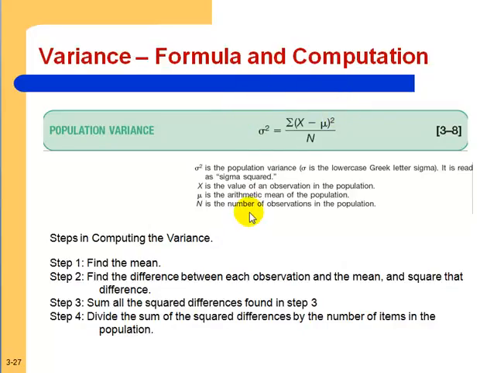Third, sum all the squared differences found in step 2. We use the sigma to show this operation. Fourth, divide the sum of the squared differences by the number of observations in the population.